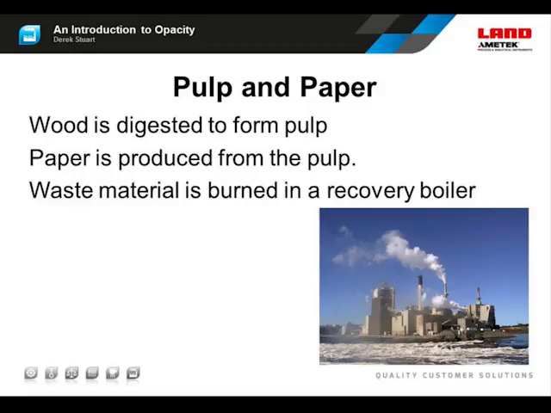The chemicals used to produce the pulp are then recycled in the waste heat boiler, and the heat is extracted and used to drive the process, burning what's known as black liquor. And the emissions from the recovery boiler are regulated, and opacity measurement is required.